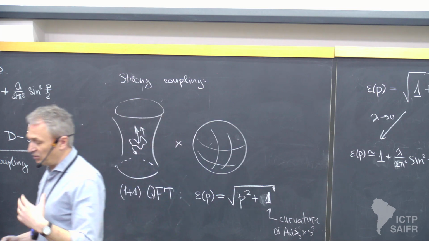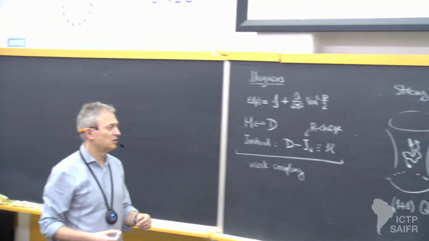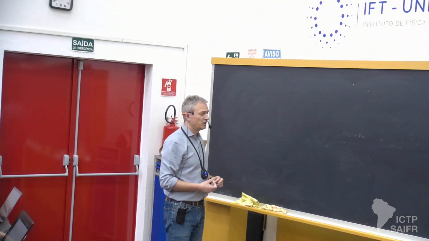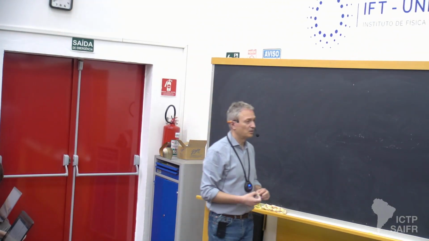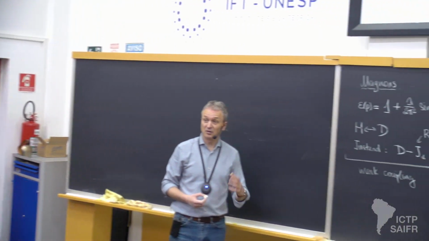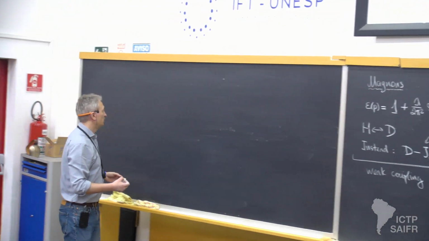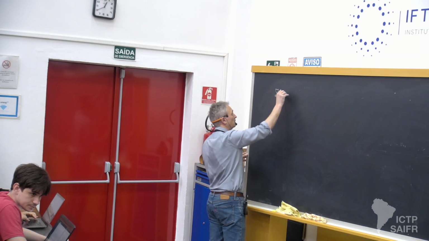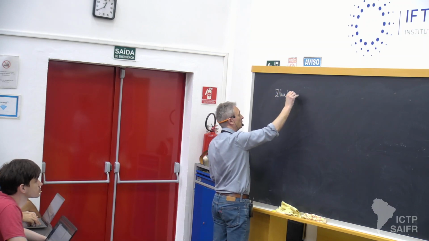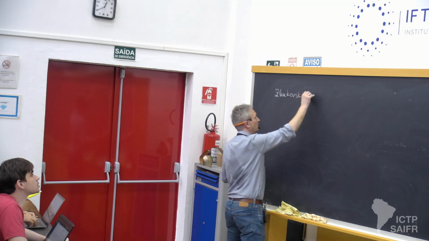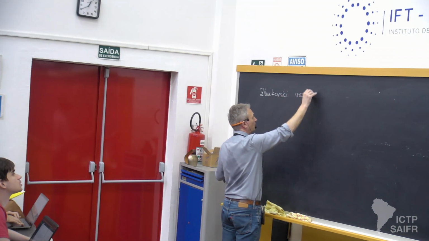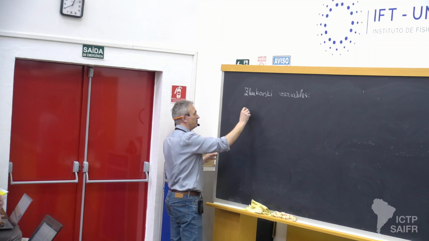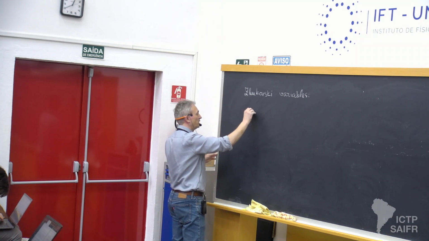And there is a way to parameterize it. There is a nice way to write down this dispersion relation in one simple formula that introduces what is known as Zhukovsky variables, which are defined in the following way.